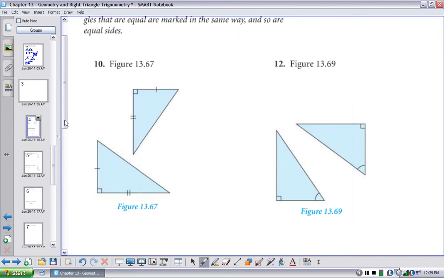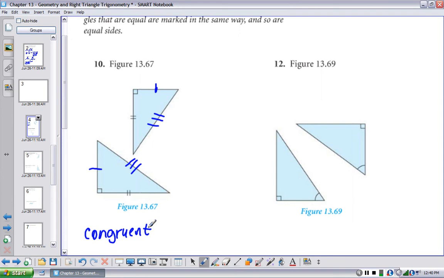Number 10, notice that if we flip this triangle around, this side equals this side. Those double lines mean that those sides are equal. Okay, so if these 2 sides are equal, then the hypotenuse is equal as well. So this thing is congruent, because if the sides are equal, then their angles are equal as well.